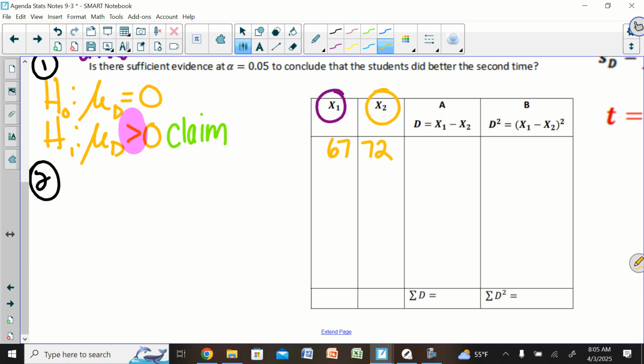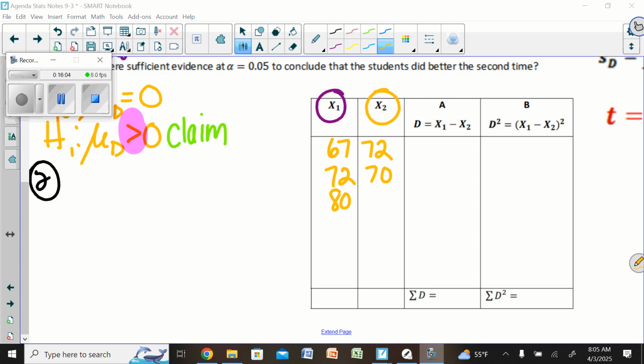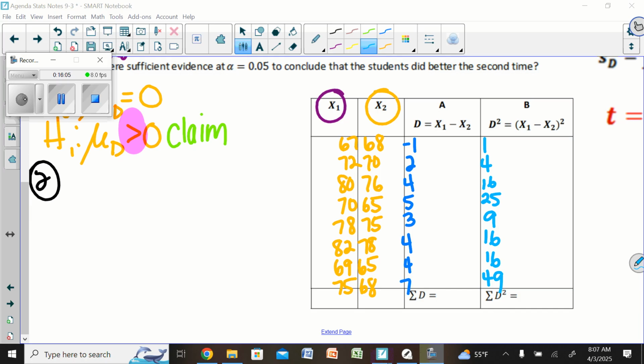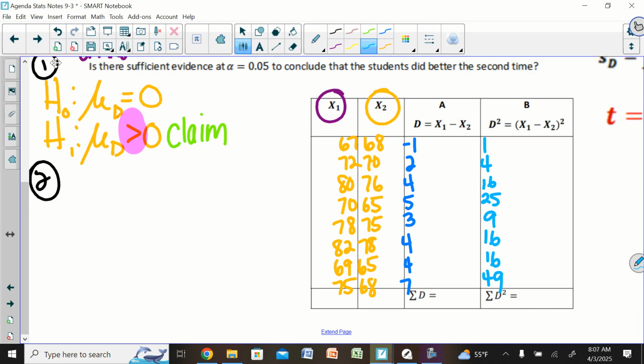My second student, so I'm going to write all these guys in here, and then I'm going to do some quick math and do all my differences. You might want to hit pause and do that while I do that. All right, I filled out my table. I did have the wrong number written down right here. So this one is a 68. I wrote down the wrong number.